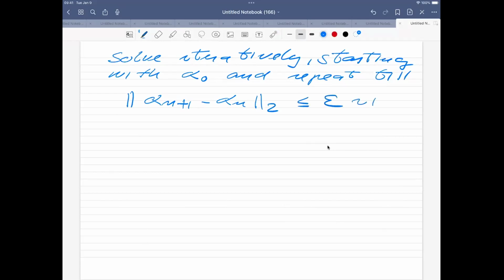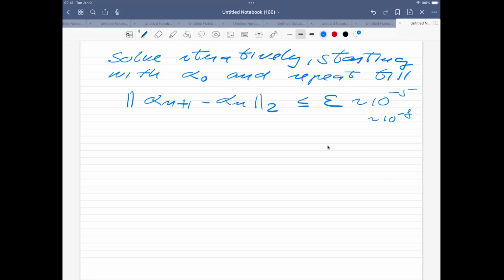And this could be, let's say, 10 to the minus 5. It could be 10 to the minus 8. It's something which we set. And if that condition is fulfilled, then we say that the process has reached its optimal value.